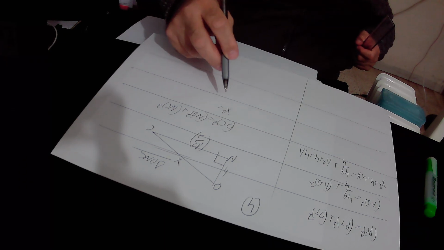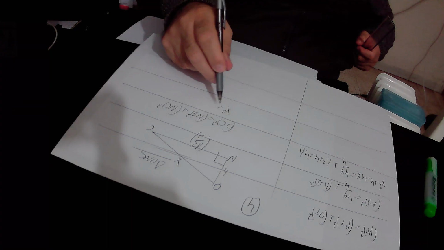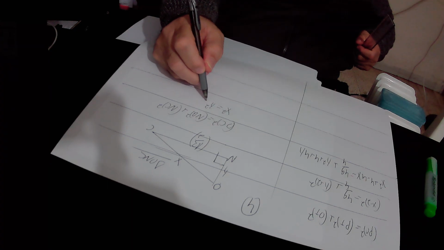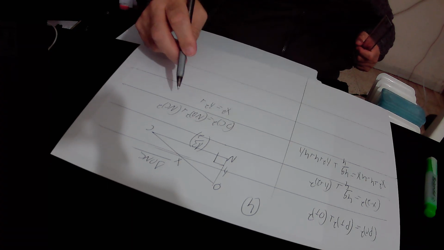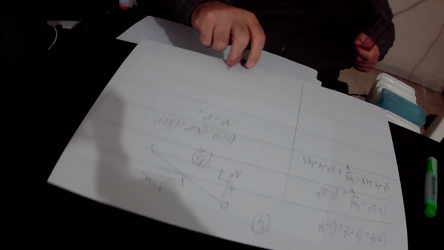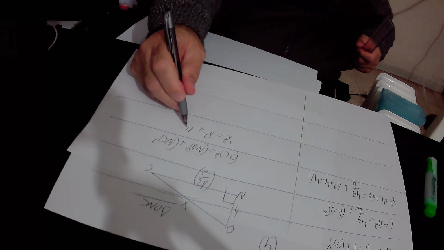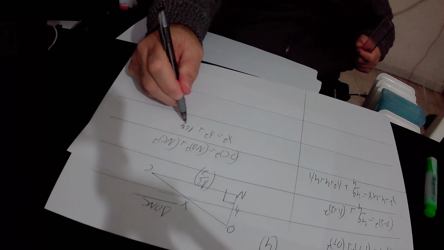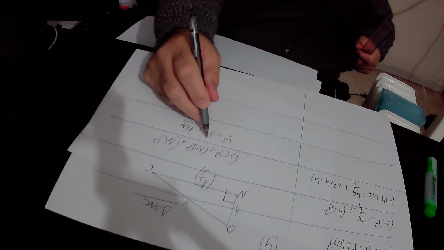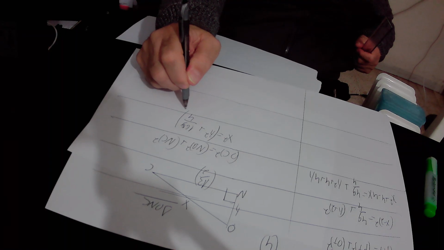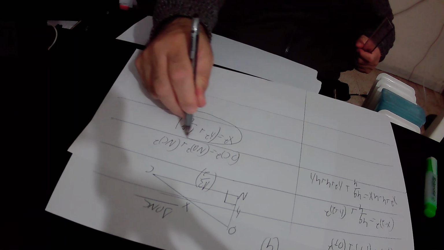That is equal to NO square. NO is h, therefore NO square is h square, plus NC square. NC is 13 over 2, therefore NC square is (13 over 2) squared, that is 169 over 4. So in total we found out that x square equals h square plus 169 over 4.